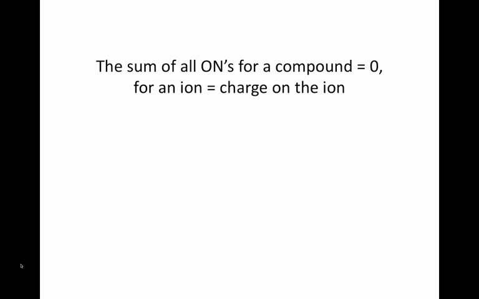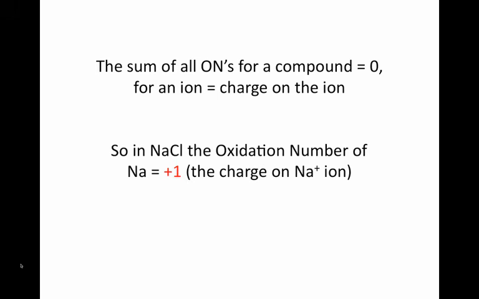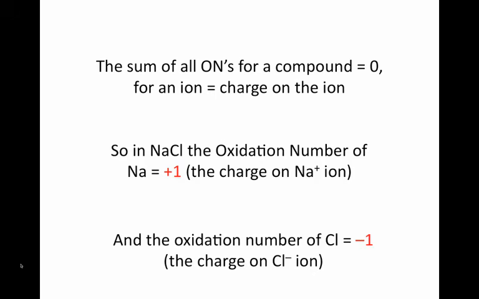For a compound, the sum of all the oxidation numbers must equal 0, and for an ion, it equals the charge on the ion. So in sodium chloride, the oxidation number of the sodium is +1, because the charge on the sodium ion is also +1. And similarly, for the chloride ion, the oxidation number is -1.